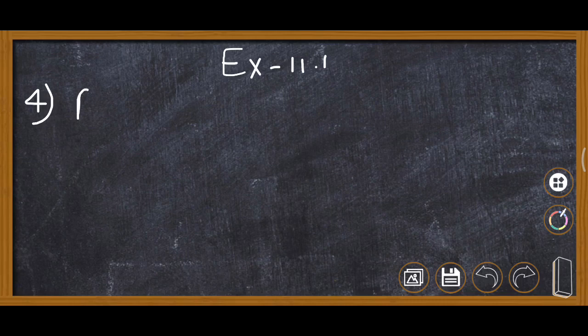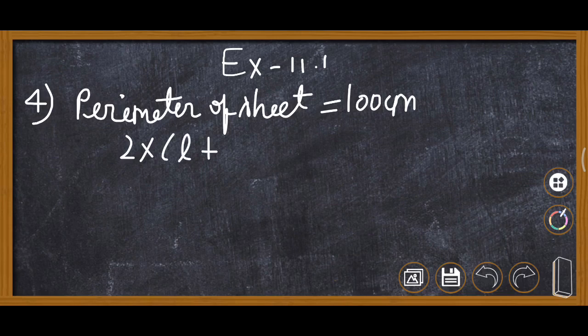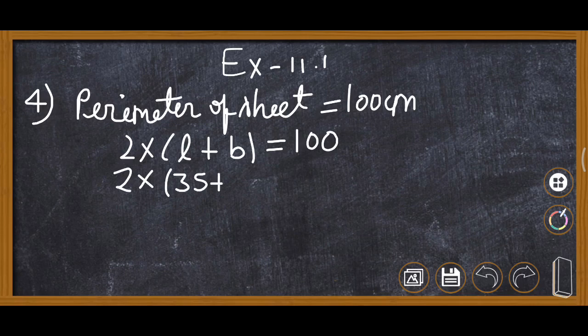So here you can see perimeter is given. So we will write perimeter of sheet. This is 100 centimeter. Formula of perimeter is 2 multiply length plus breadth, which is equal to 100. Now here you can see length is given, so we will put 35 in place of length because length is 35 centimeter.